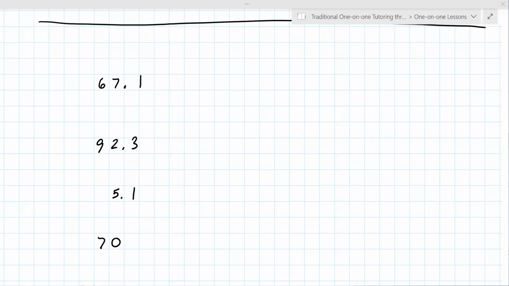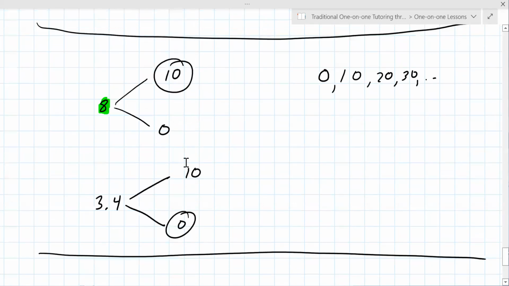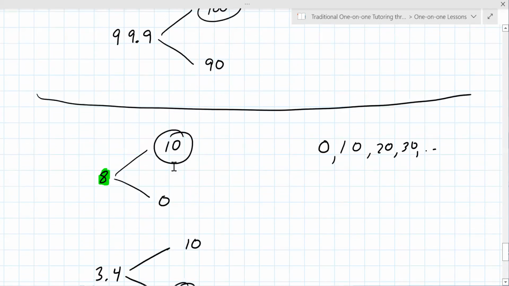I'm done. Okay, what did you come up with for the first one? 70. How about the second one? 90. Okay, next one. 5 or 6. Okay, so all of the answers we've given so far have had a 0 on the end.